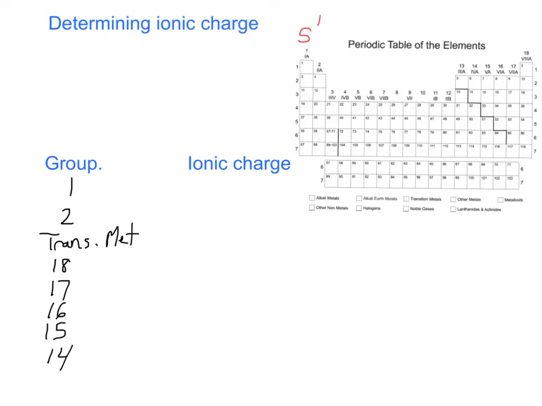So it's going to lose that electron to gain a positive 1 charge and go back to the noble gas configuration that would be something p6, so either 2p6, 3p6, or something like that. So group 1 has a charge of positive 1. You don't even really have to ever question if it's a group 1, it's going to make a +1 ion. The same logic can be applied to group 2.